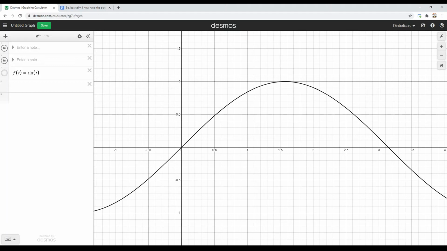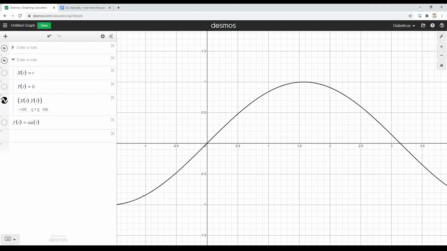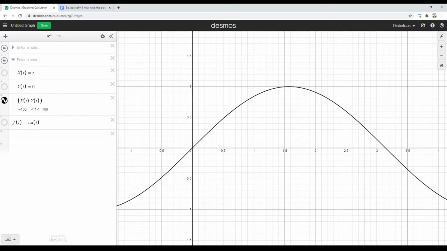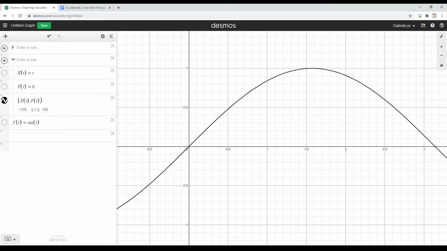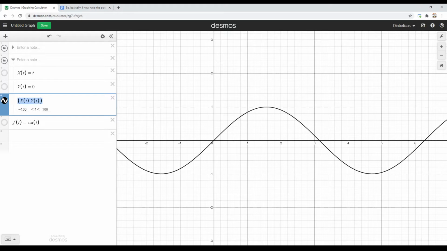What I mean by that is, what if we can manipulate our axis as some sort of parameter controlled by these two functions, x of t and y of t? So if x of t equals t and y of t equals 0, it's basically just a horizontal line. So x of t and y of t, to remind you, is the axis that we would want to draw or attach this sine t graph to.